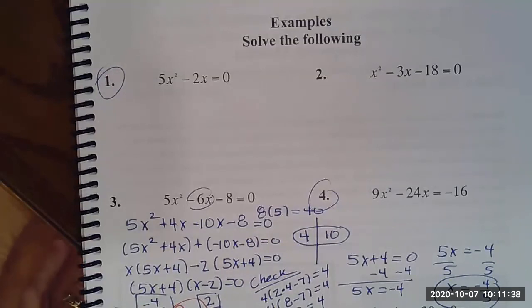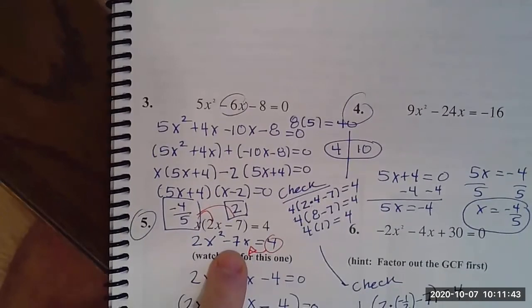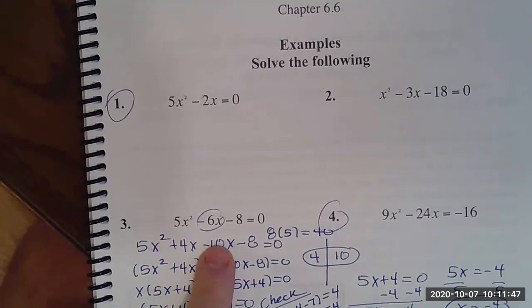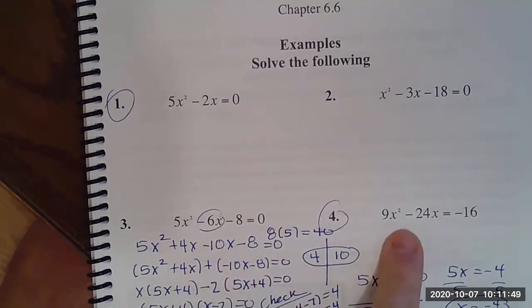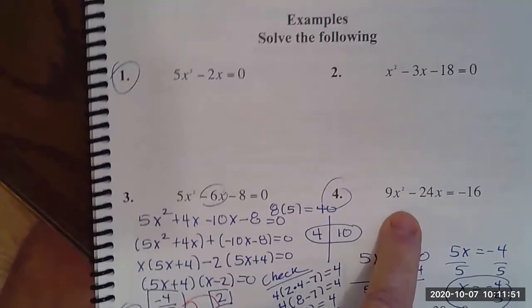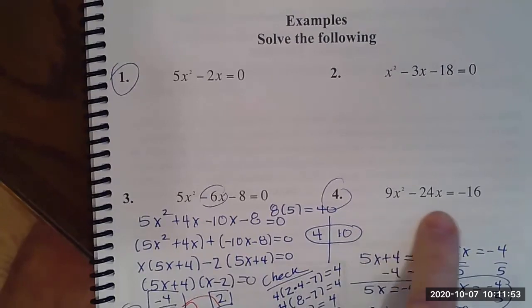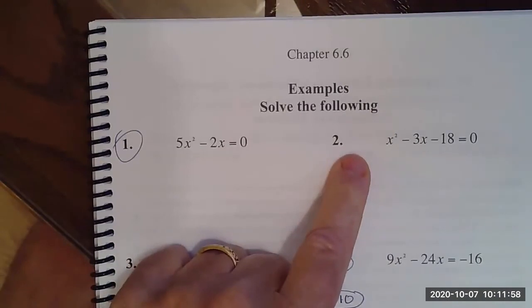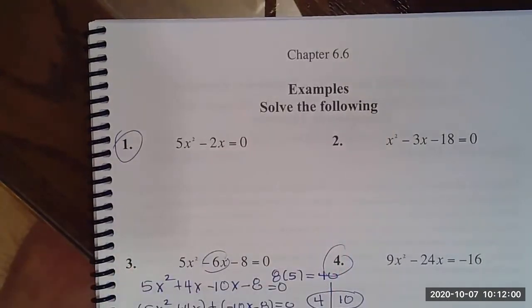You're welcome. I did number 5. That was hard enough in a way. And I did this one with the grouping method. If you do number 4, Jan, you might do the grouping. I don't think there's a GCF, but I think that's a good one for you to do. This one's not too bad. That's pretty easy. And then you can do number 7 as well.